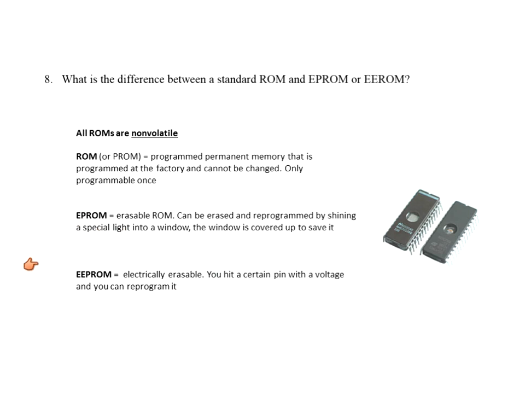Now, an even better one that's a little bit easier to erase and reprogram is a double E PROM, electrically erasable. So I can reprogram it, but I have to apply a voltage to one of the pins of the chip. If I hold that certain voltage on a pin, I can reprogram it and change the set point, for example. But anyhow, that is the difference between the different kinds of ROM.